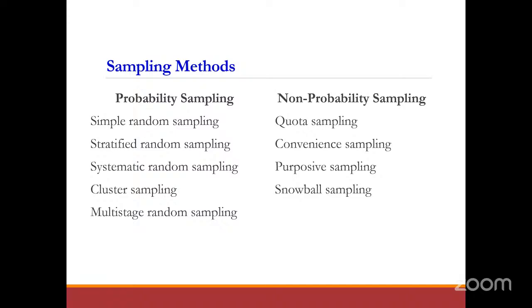And for non-probabilistic sampling, there are different kinds of sampling: quota sampling, convenience or purposive sampling, and snowball sampling, where it is tough to have the sample characteristics for a large-scale population.